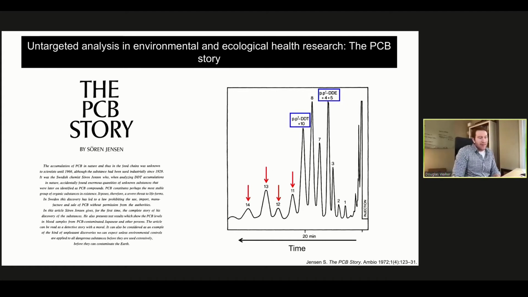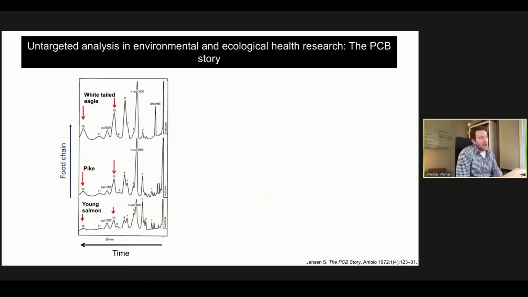And so as he continued analyzing samples, he noticed a number of interesting patterns in the different types of samples he was analyzing. So the results on the left show the increasing intensity of these unknown peaks as you move up the food chain. So obviously the pike, which is a fish, eats young salmon, and then the white-tailed eagle will eat the pike and other aquatic species.